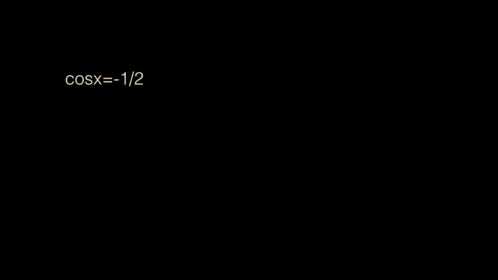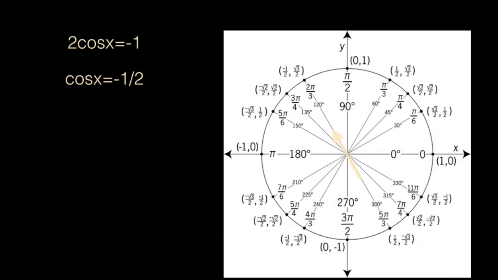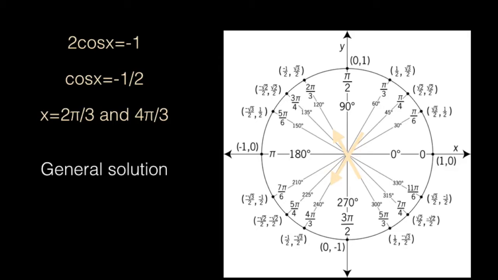Now we have to find the values of x where cosine is equal to negative 1/2. Remember, we got this negative 1/2 because we said that 2 cosine x is equal to negative 1. So we just divided 2 cosine x by 2, and we divided negative 1 by 2. So if we look at the unit circle, we find that when x is equal to 2 pi over 3 and when x is equal to 4 pi over 3, cosine x is equal to negative 1/2.